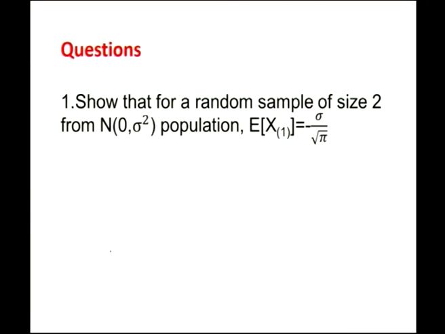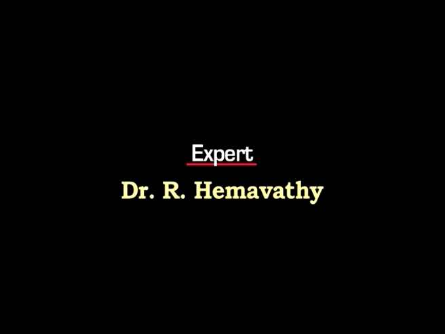So, based on the discussion in this session, the following question may be posed. Show that for a random sample of size 2 from a normal distribution with mean 0 and variance sigma square, the expectation of the smallest order statistic is minus sigma divided by root of 2 pi. Thank you.